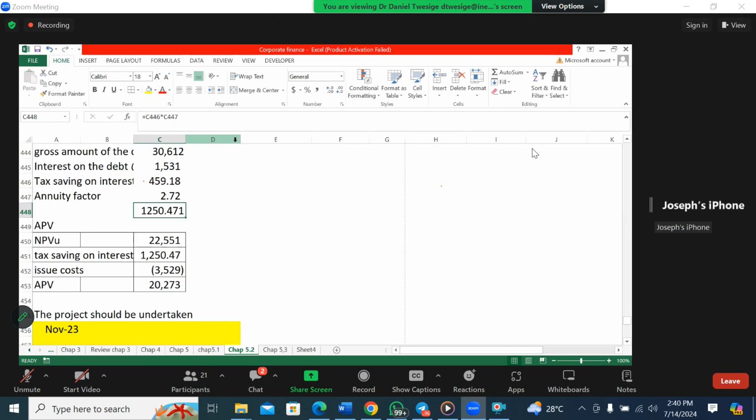Yeah. So you can correct that. Then you can write that this is the present value of interest tax saving.